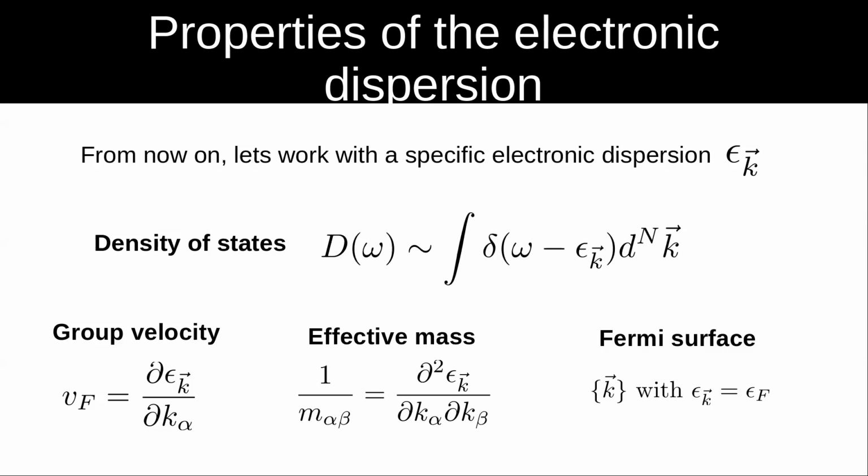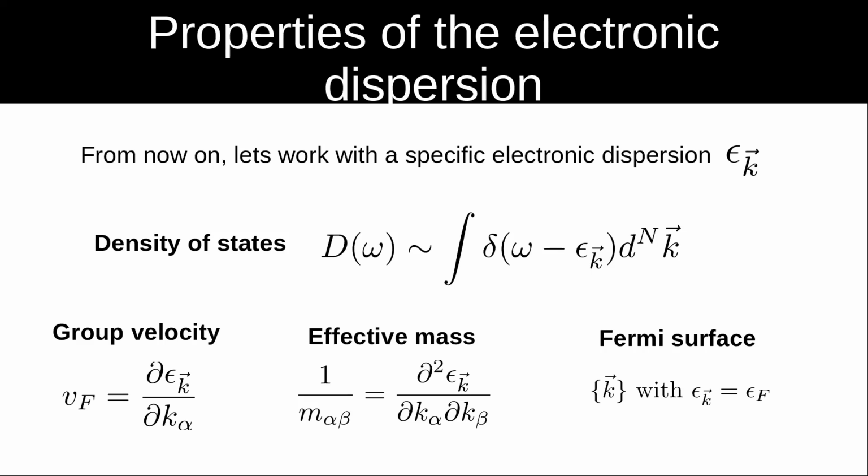Maybe the simplest property one can consider is just counting how many energies the system has in a certain energy interval. A systematic way of writing this down is the delta function of the frequency minus the energy as a function of the momentum, integrated over the whole momentum space. This is what is called the density of states. It essentially tells you the density of states at a certain frequency. So how many states do you have at a specific energy?